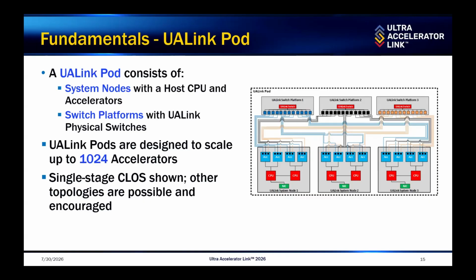And of course, we continue our support of scale up to 1024 accelerators. I'm going to show one particular topology of systems here, but other topologies are possible. They're encouraged. This is an open ecosystem, and we encourage people to take advantage of the flexibility we're providing.